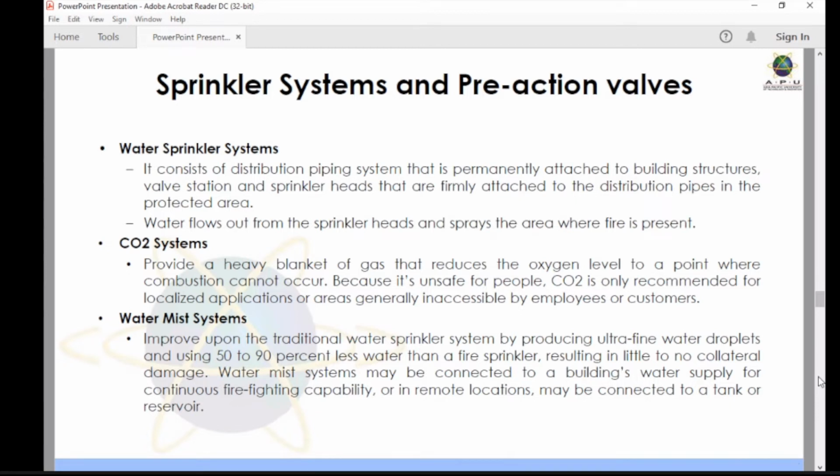If only carbon dioxide is present and there is no oxygen, then the fire is automatically put out. Without oxygen, the fire does not grow. Because it's unsafe for people, CO2 is only recommended for localized application or areas generally inaccessible by employees or customers.